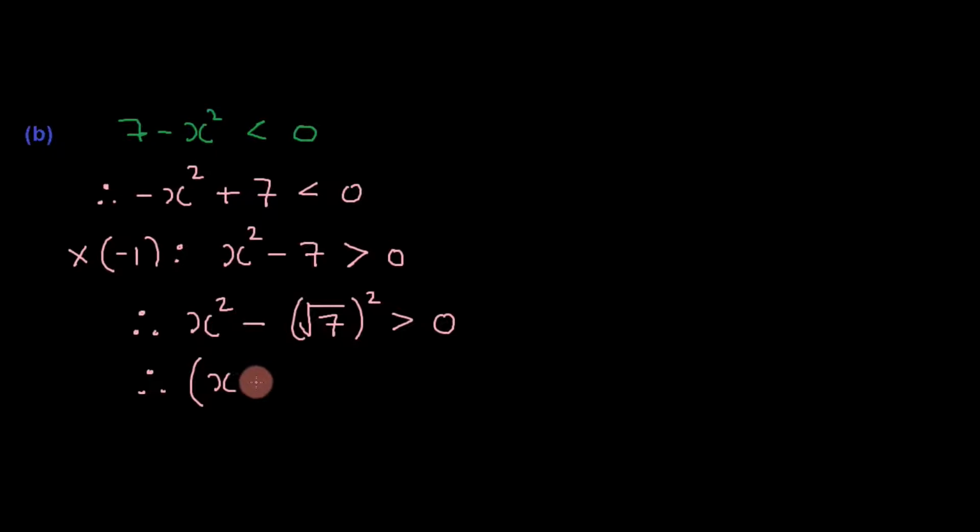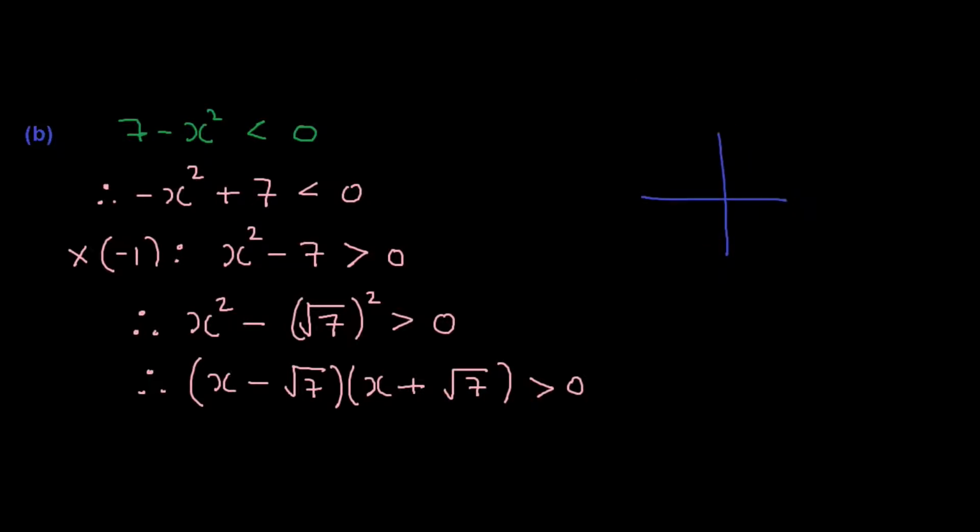It's going to be x minus the square root of 7 times x plus the square root of 7. And this is greater than 0. We can draw the parabola now. So the roots are negative square root 7 and positive square root 7.